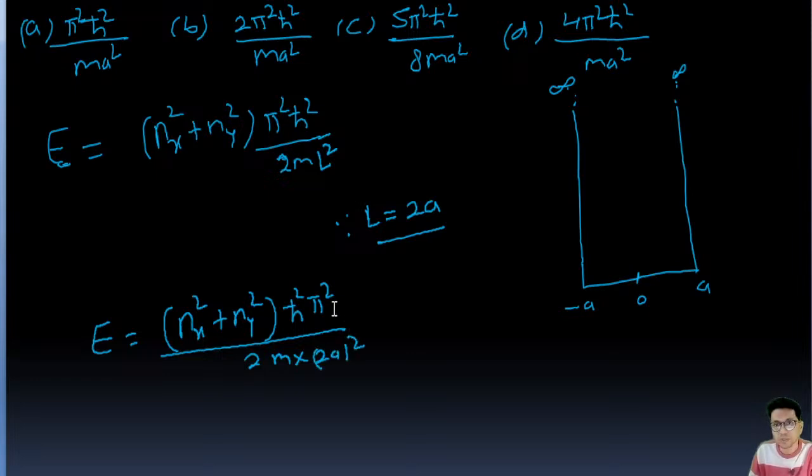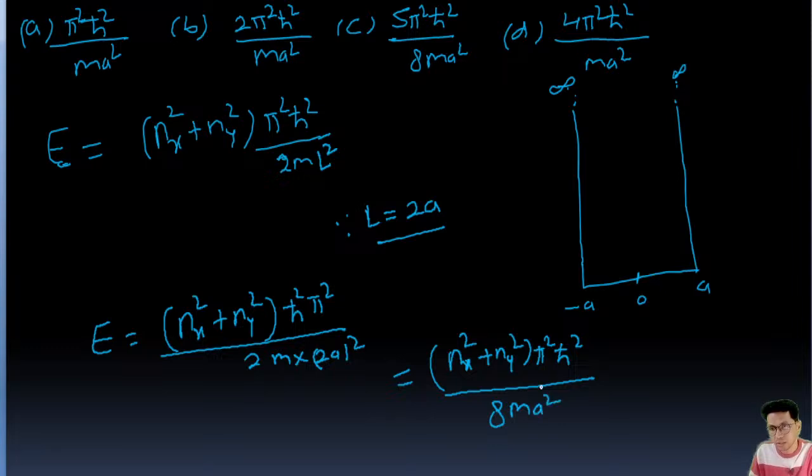So this value is nx square plus ny square into pi square h cut square upon 8ma square.